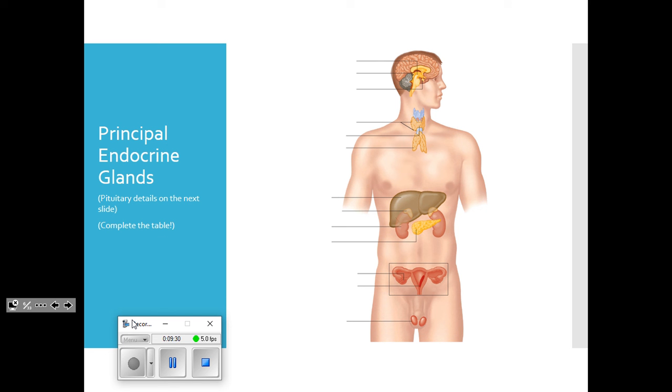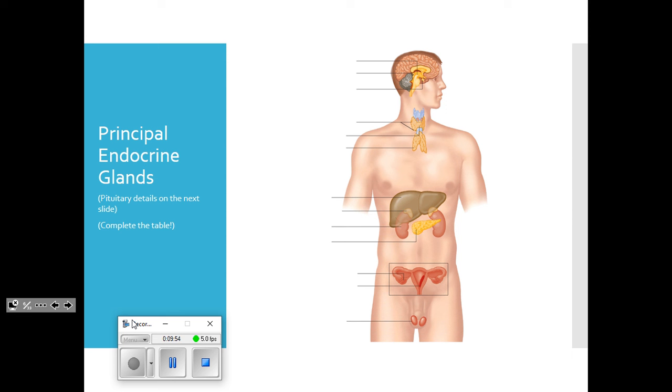Number 9, if you take a look, it's pointing at the inner lining of the uterus, which is where the placenta would develop. And so number 9 is the placenta. That's only during pregnancy, and of course we'll talk about the details of that one a bit later on. And then the very last one, testes.